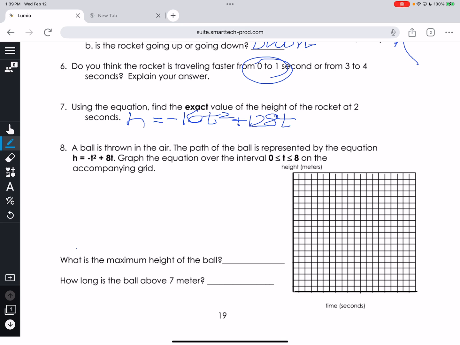Remember to square the 2 before multiplying by negative 16. Or you can go in the calculator and say negative 16 times 2 squared plus 128 times 2. What'd you get? 192. 192 feet.